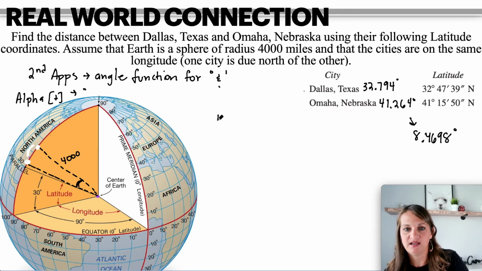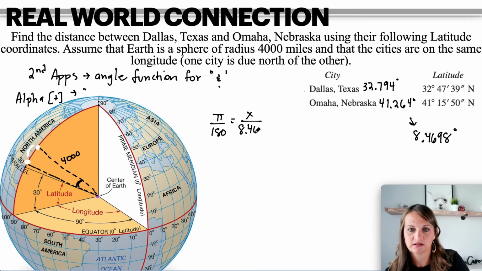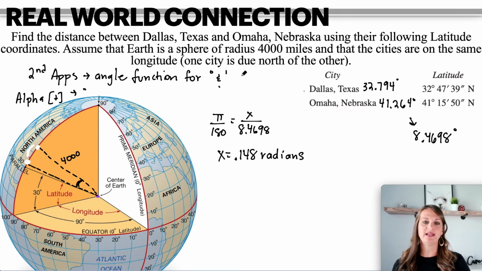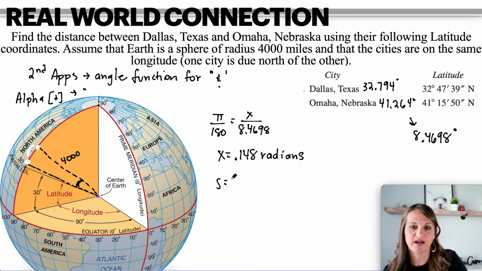So I'm going to take my conversion factor, and we are going to just cross multiply. Since I already have decimals, I'm going to go ahead and do that. So 8.46, multiply that by pi, then divide that by 180. And I'll get 0.148 radians. Now, I know the radius and now I know the radians, so I can actually find the distance.